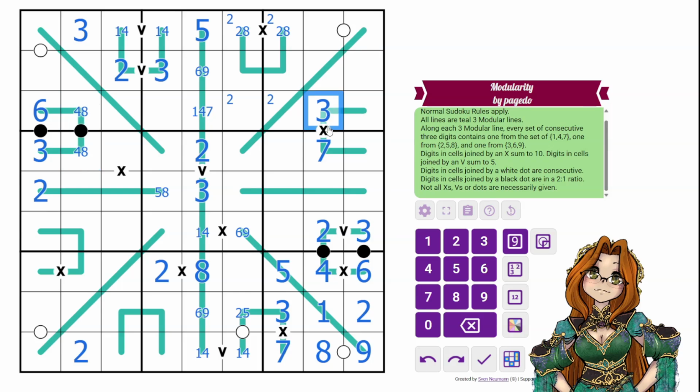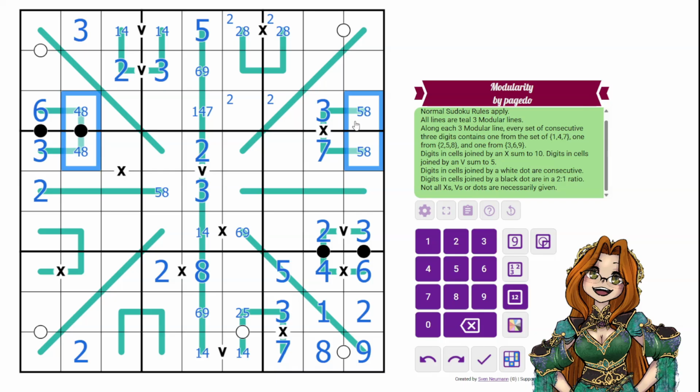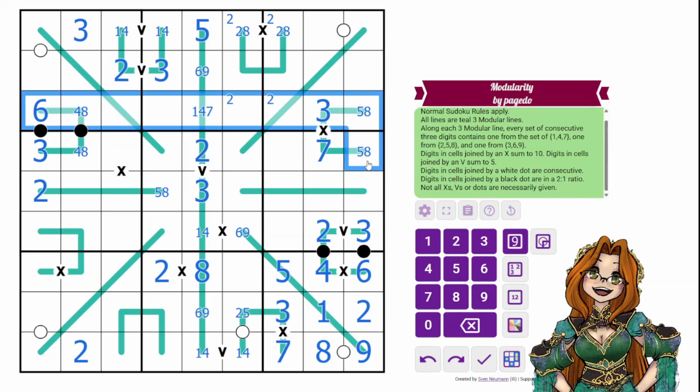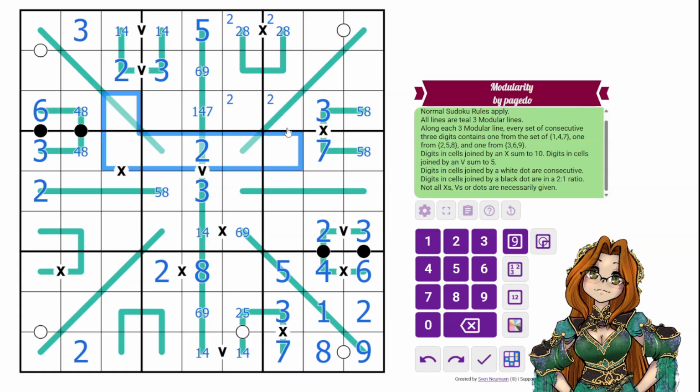3 group and 7 group are taken up, so this is also from the 258 group, and there's not a 2, so it's just 5-8. That's an X-wing on 8s here actually. There's 2 8s for 2 rows, so there can't be an 8 in any of the rest of these places.